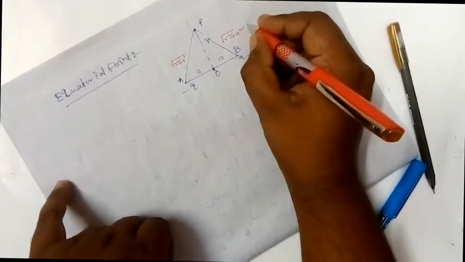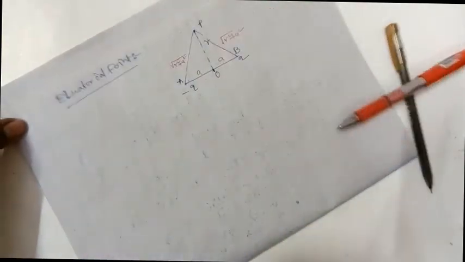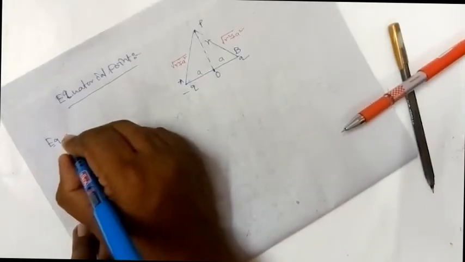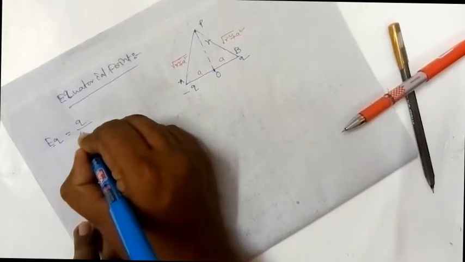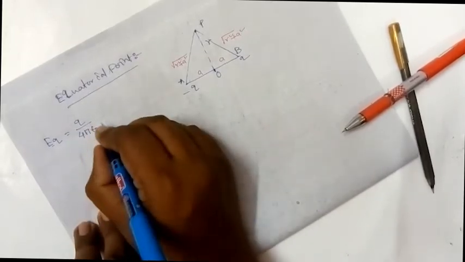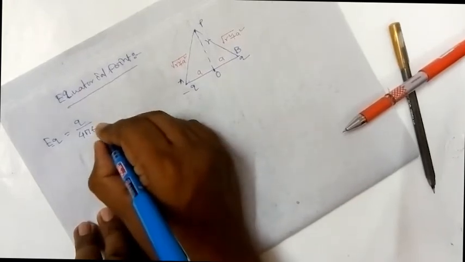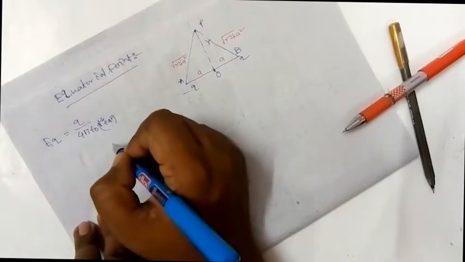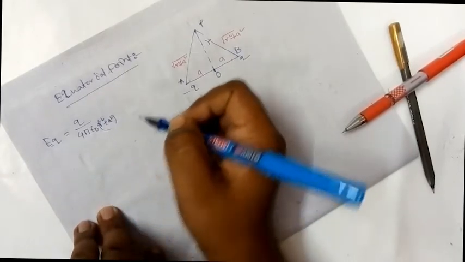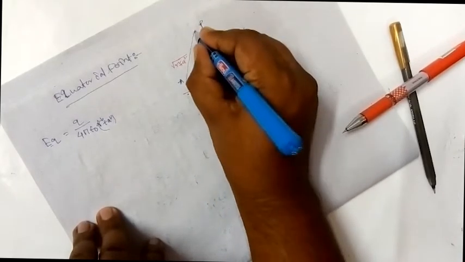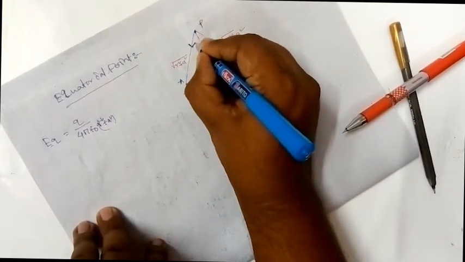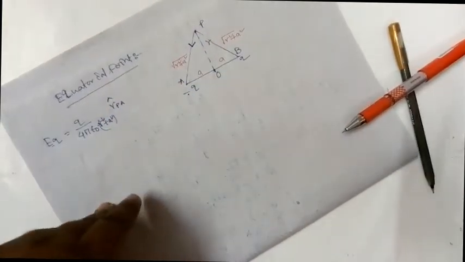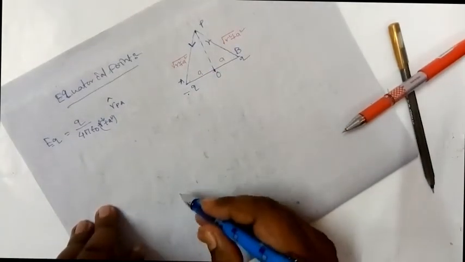So E minus Q, the electric field due to the charge minus Q, will be Q by 4 pi epsilon naught, (r square plus a square), because we have to square the root. And what will be the direction? Because it is a minus charge, it will attract, so this is the direction. Okay, so we can say it is RPA cap, it will act in this direction.